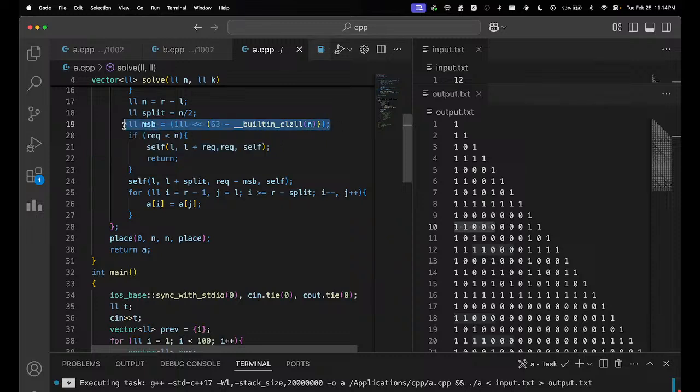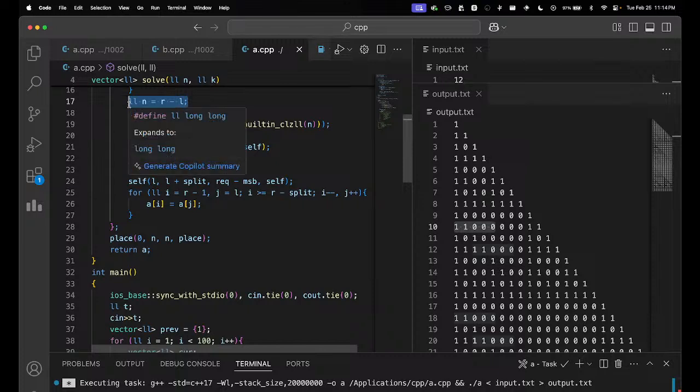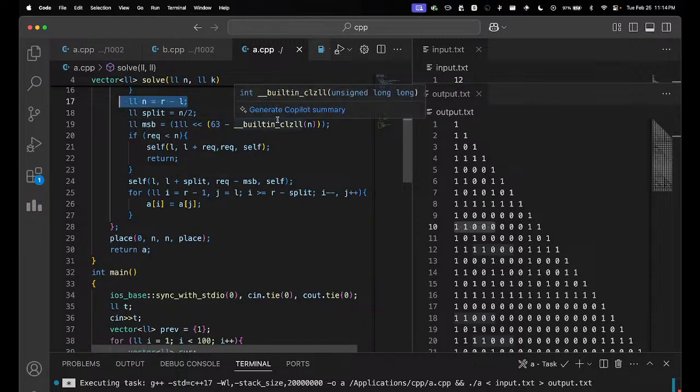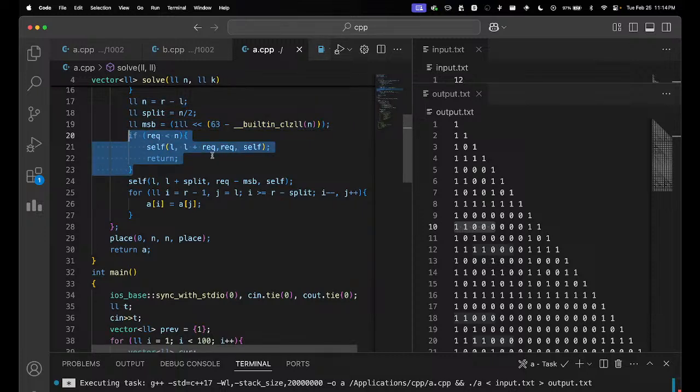If you're taking n and you take the MSB, you need to make sure that if required is less than n, I basically shrink the right hand side of it. So basically make sure that n is equal to required. I did a very roundabout way to get to this conclusion, but you can do it in a much better way.